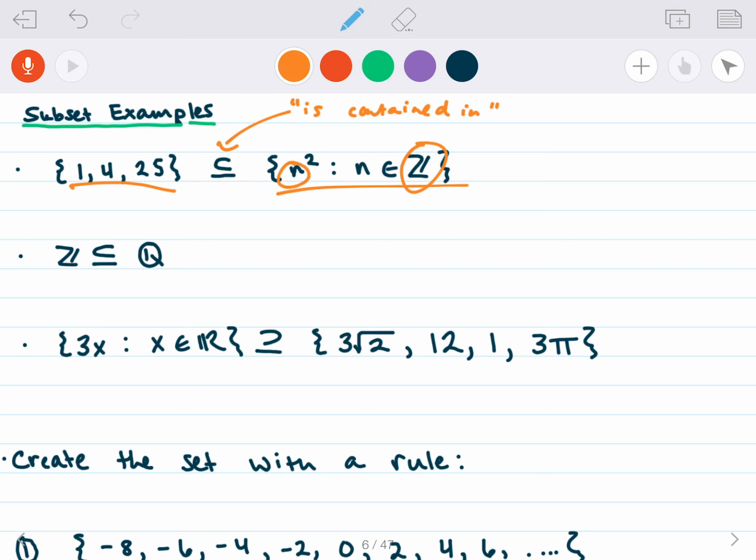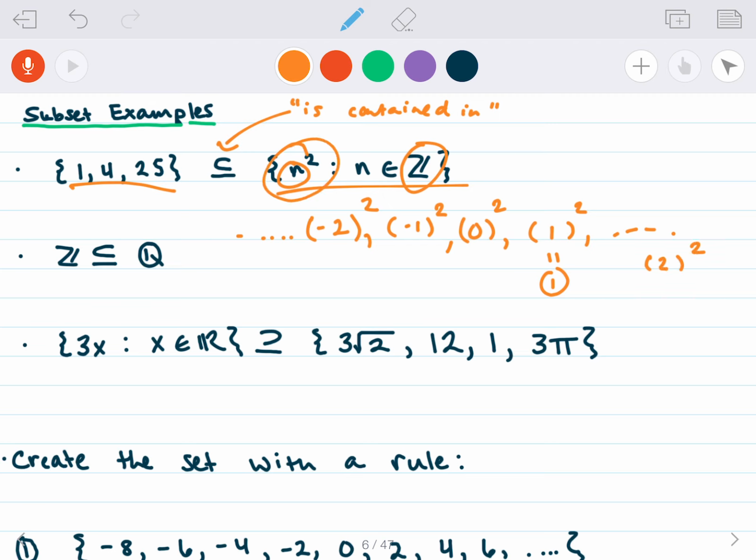If it's any integer, we could have -2 squared and so forth, -1 squared, 0 squared, 1 squared, et cetera. So that's the infinite set here. 1 is in there because 1 squared and -1 squared are 1. 4 is in there because n equals 2 gives us 4. And 25, if we let n equal 5, 5 squared is 25. So that guy's in the set too.